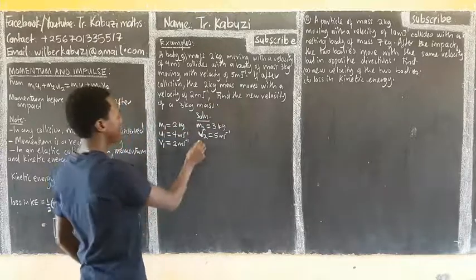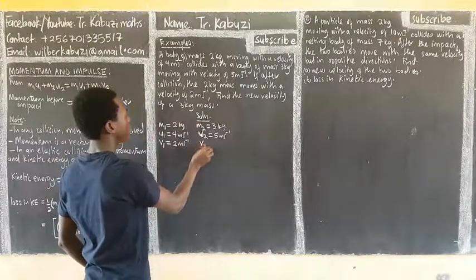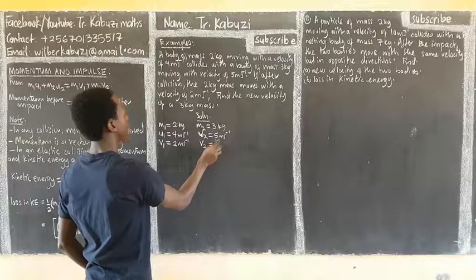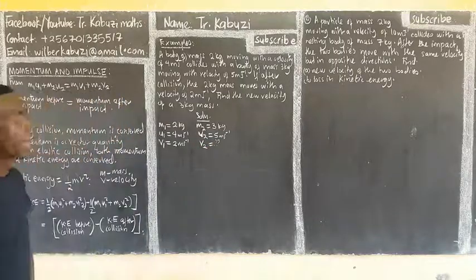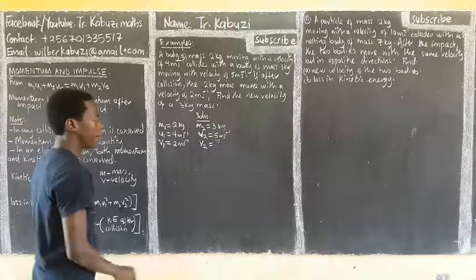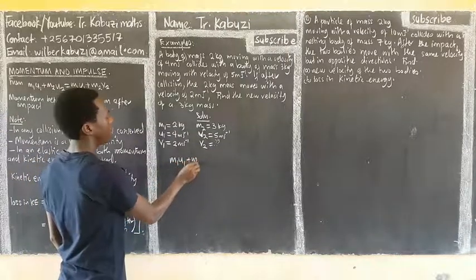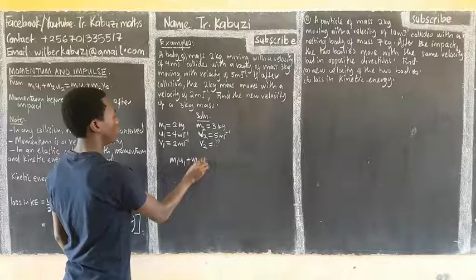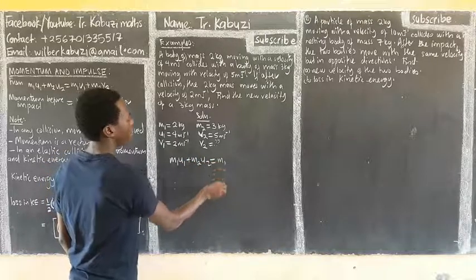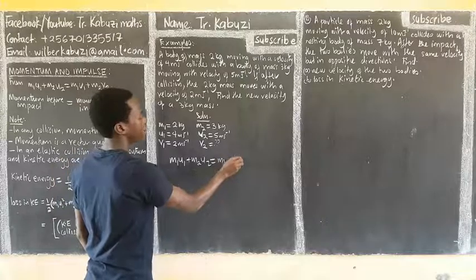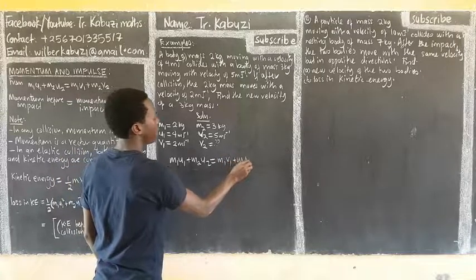So they want us to get our v2, which is unknown. From the principle of conservation of momentum, m1u1 plus m2u2 will be equal to m1v1 plus m2v2.